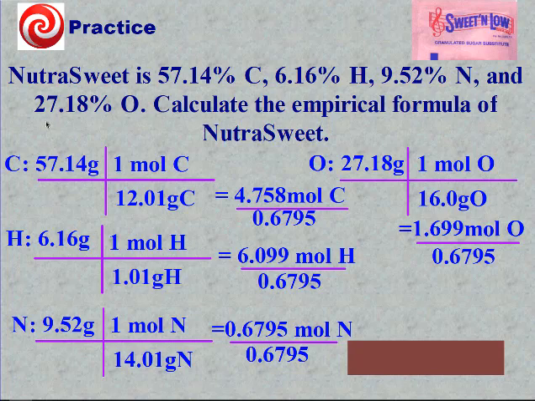So dividing those out, we get 7 for carbon. For hydrogen, we get 9. For nitrogen, we get 1. And for oxygen, we get 2.5.